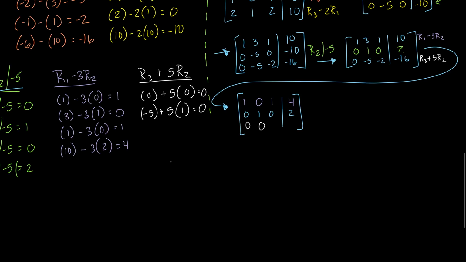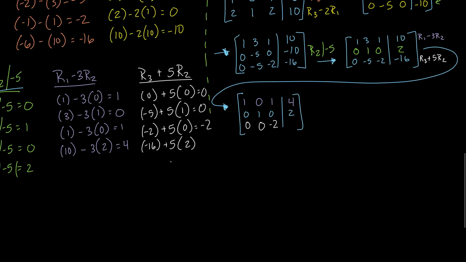And then negative 2 is our z value for row 3, plus 5 times the row 2 value, which is a 1. Oh, sorry, 0. So negative 2 plus 5 times 0 just remains negative 2. And then negative 16 is our constant for row 3, plus 5 times the constant of row 2, which is 2.